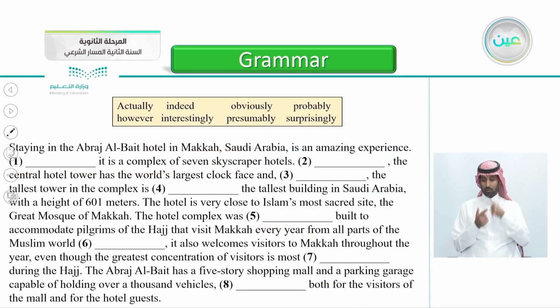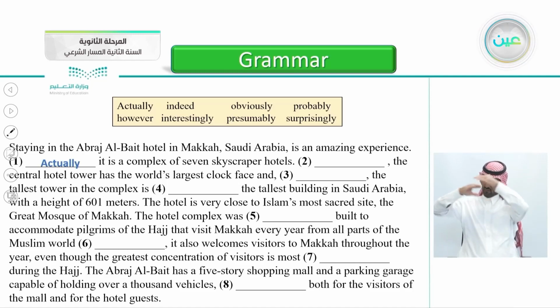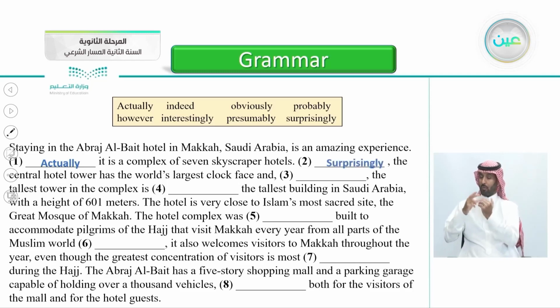Number 1, yes, actually, it is a complex of 7 skyscraper hotels. Number 2, yes, surprisingly, the central hotel tower has the world's largest clock face and the tallest tower in the complex.